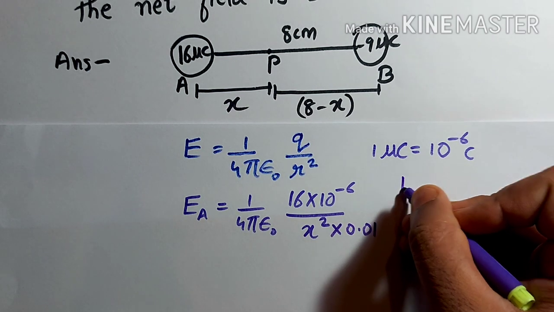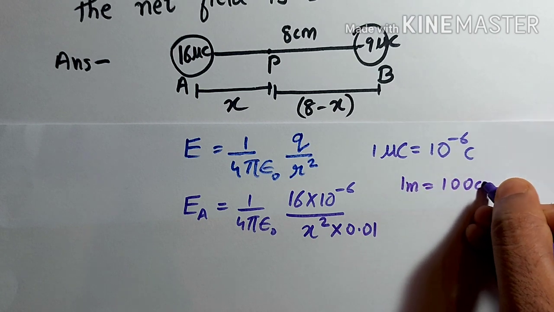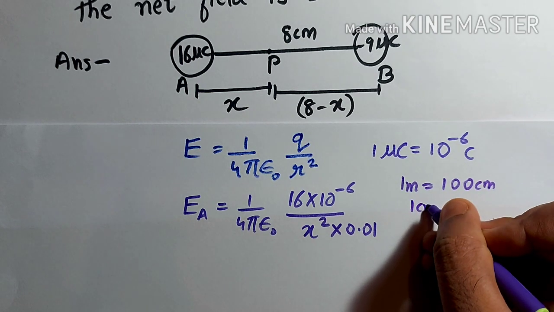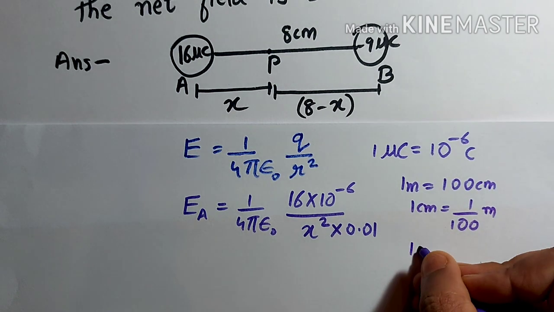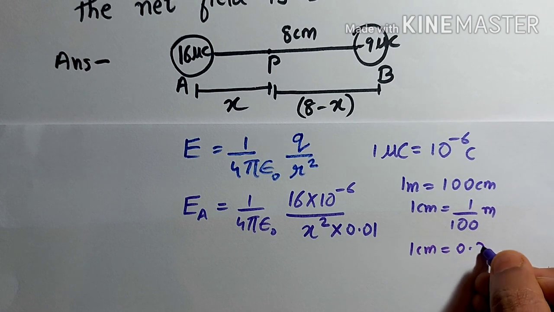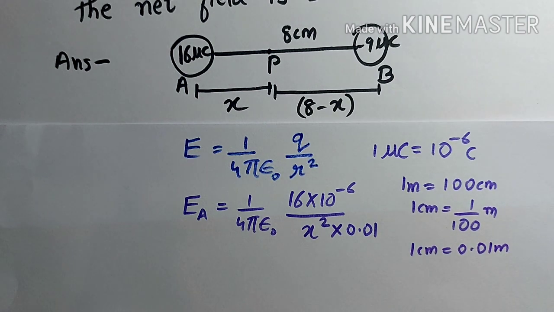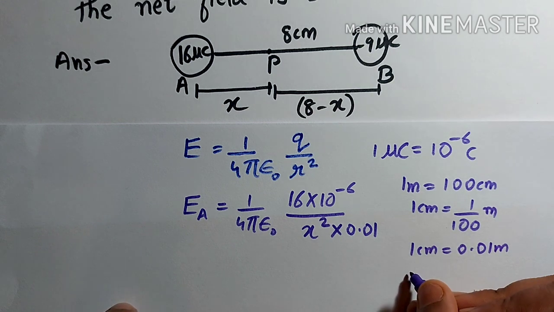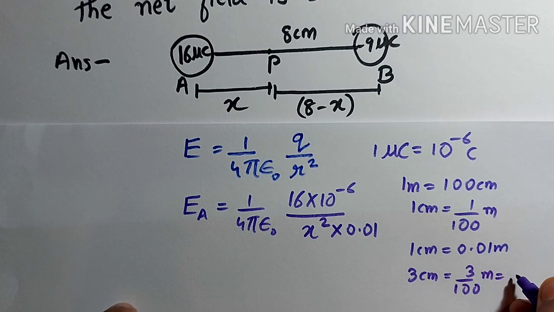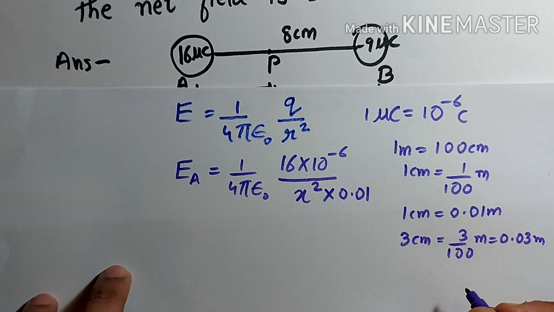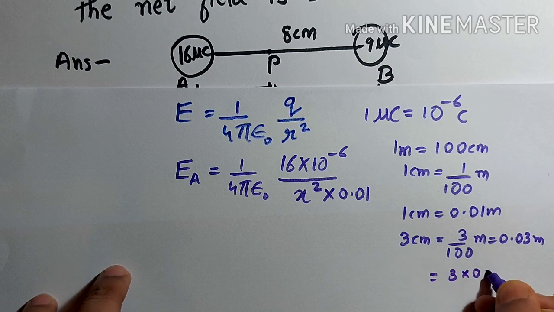Because we know that 1 meter equal to 100 centimeter, so 1 centimeter equal to 1 by 100 meter, or 0.01 meter. So think over it. If we have 3 centimeter, then we can write 3 by 100 meter or 0.03 meter, or simply 3 into 0.01 meter. So I am doing it over here.